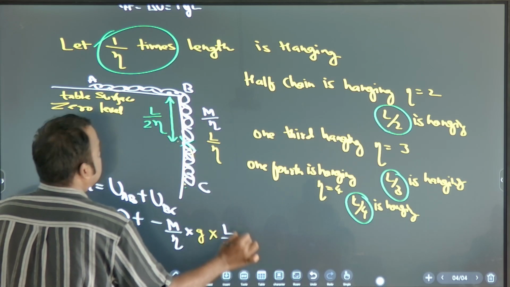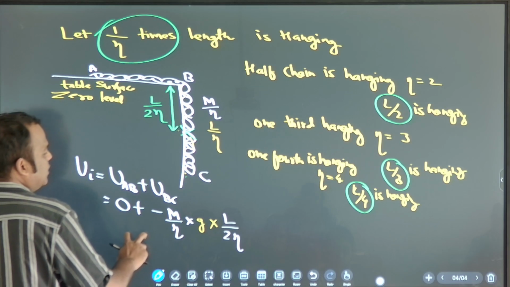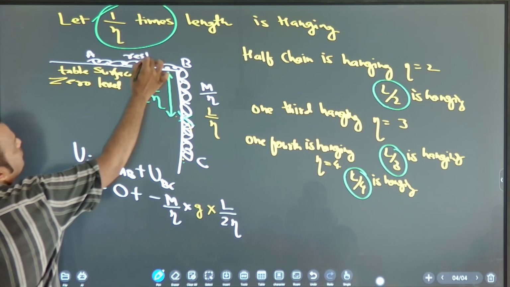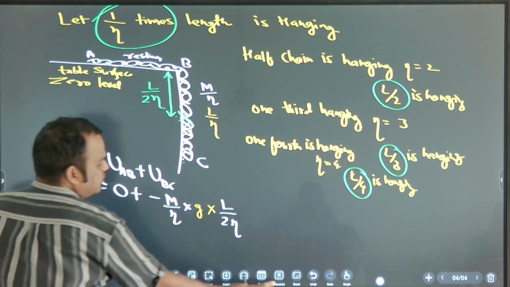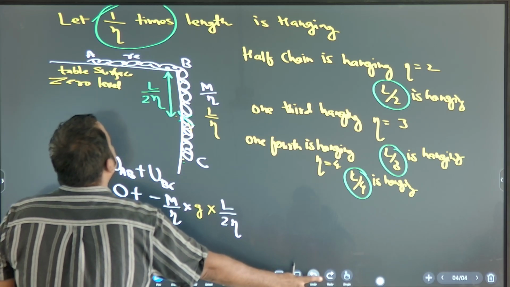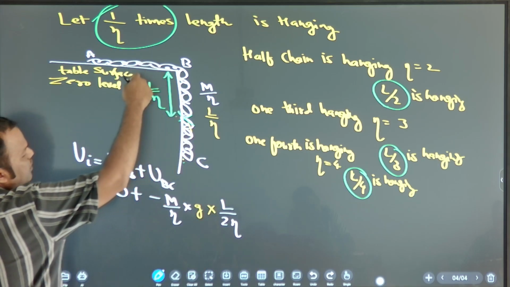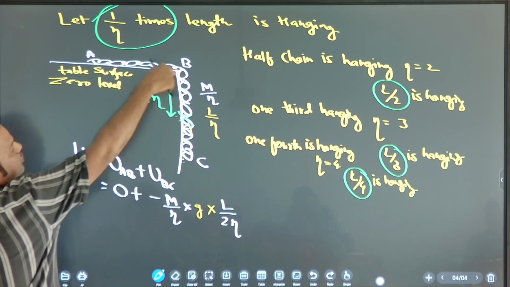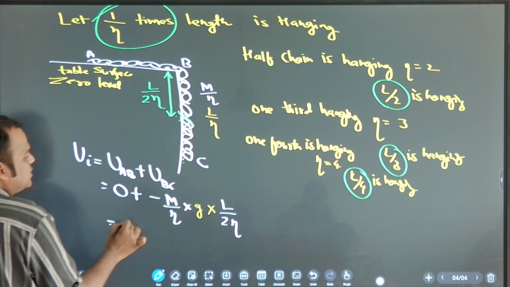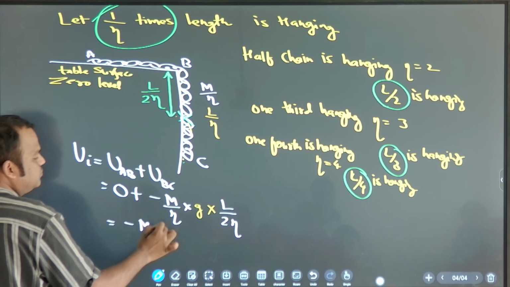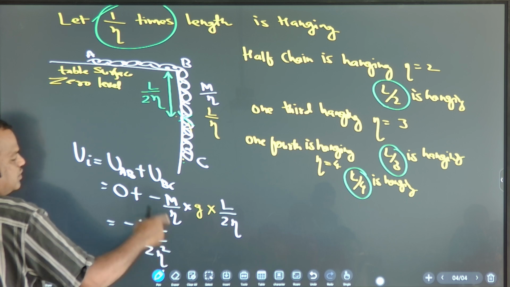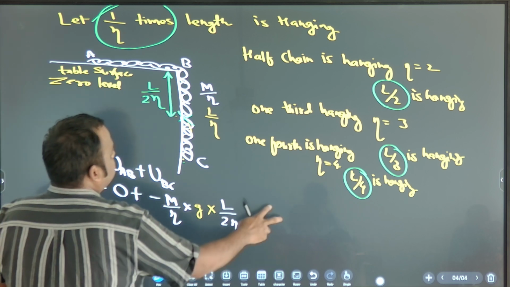G, H, L by 2 eta. And what is the potential energy of the resting part? On the table surface, it is 0. The hanging part is this. So what is the initial potential energy? Minus mgl by 2 eta square, correct? And finally, what will happen?